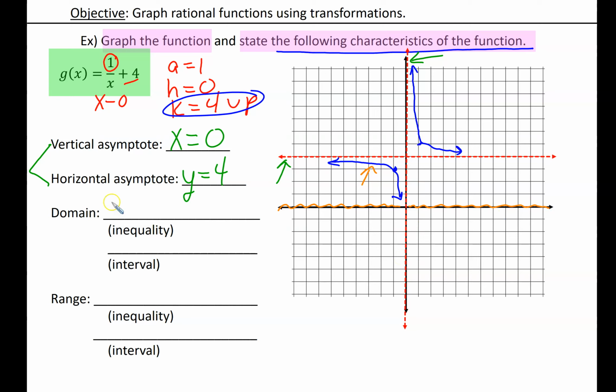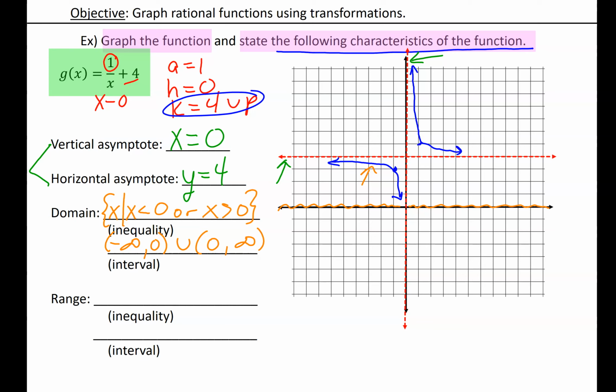So our domain as an inequality would be the set of all x's such that x is less than 0 or x is greater than 0. And as an interval, we have two sections or pieces of numbers. So from negative infinity to 0 in union with from 0 to infinity, with parentheses, because neither 0 is included nor can we include any type of infinity.